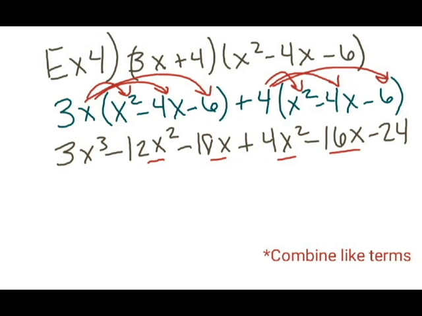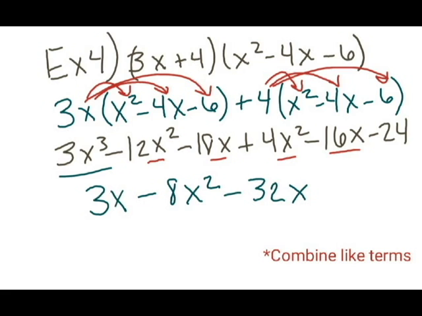Negative 12x squared plus 4x squared is a negative 8x squared. Then we have negative 18x and negative 16x, which equals a negative 34x. Same thing with the negative 24. And this is my final answer.